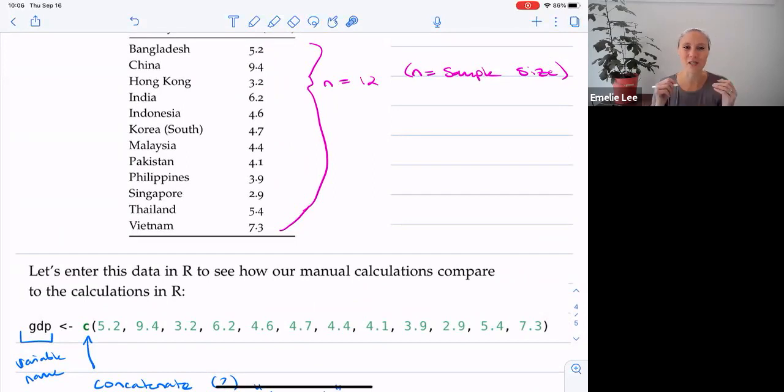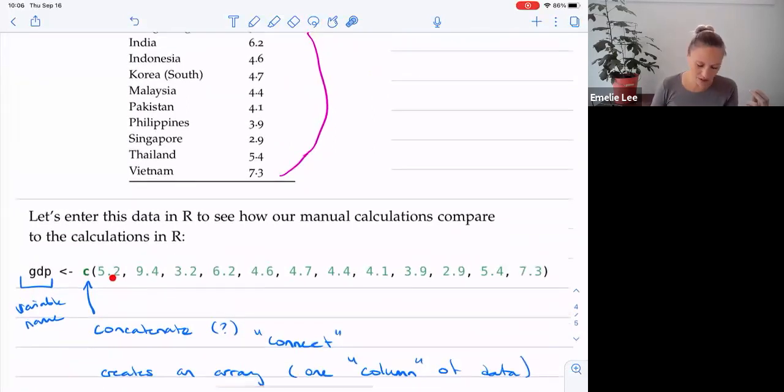One thing I do to make sure I've got the right numbers is, once you've typed them all out, just count how many you have. It should be 12. So 1, 2, 3, 4, 5, 6, 7, 8, 9, 10, 11, 12. Okay, looks good.